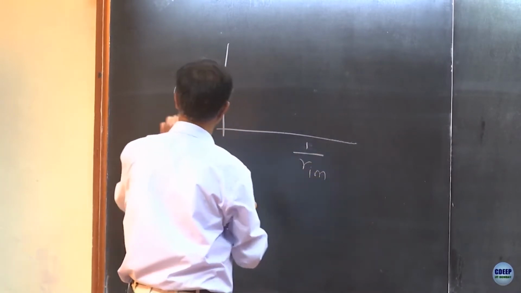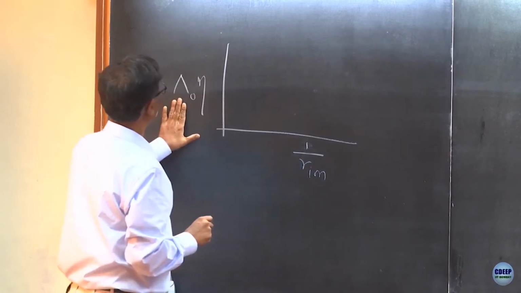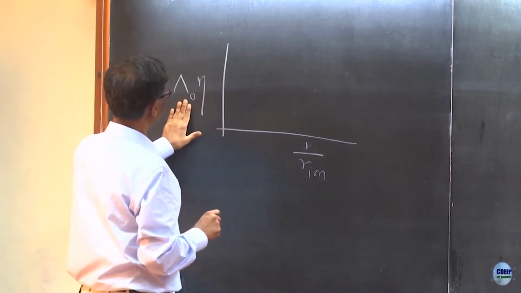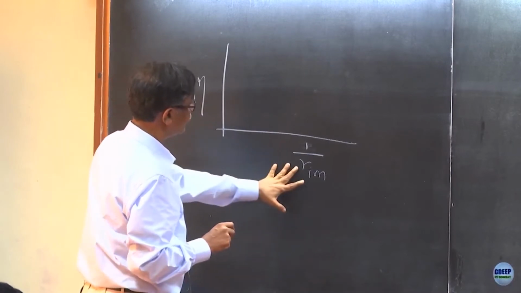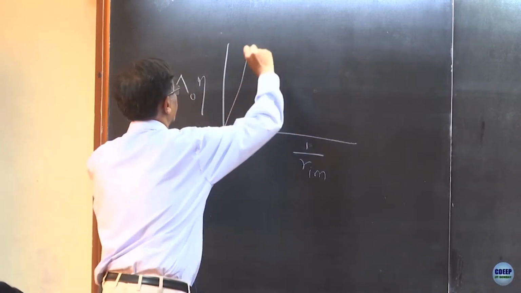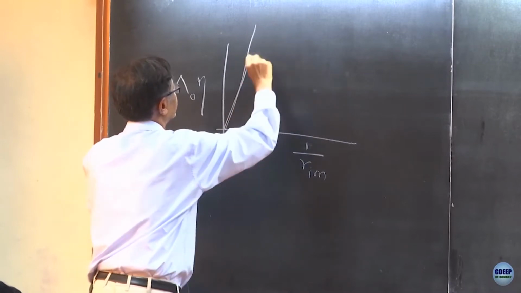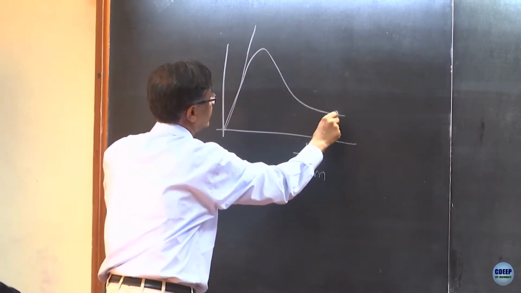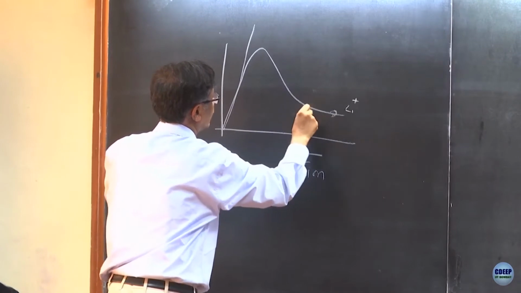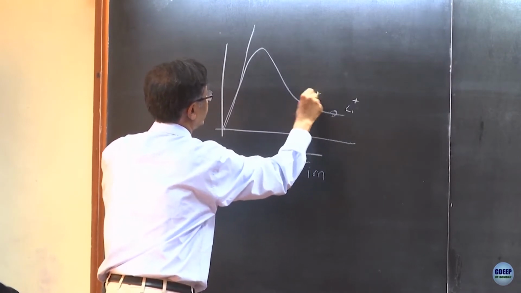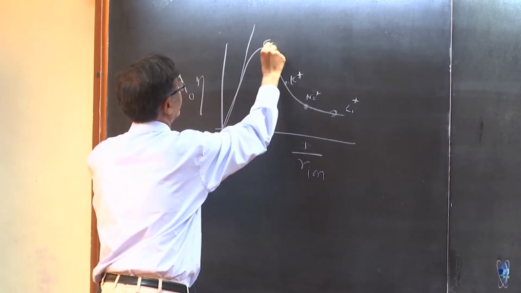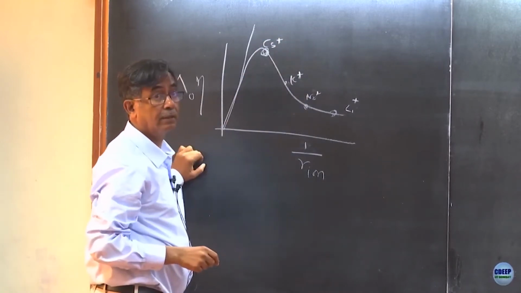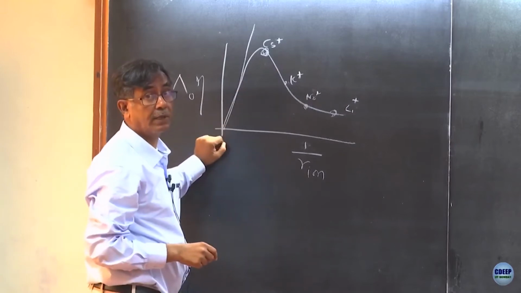Since this is nothing but diffusion, and diffusion is inversely proportional to viscosity, this product should vary as 1 over r ion, which is like this. Instead of that, it just comes down like that: lithium, then sodium, then potassium, it goes like that, and here is where cesium, rubidium and all these are. Maybe potassium will be a little bit closer to that.